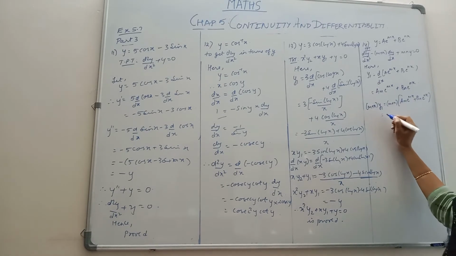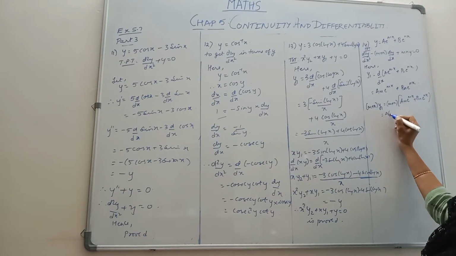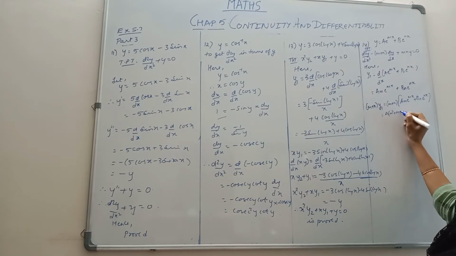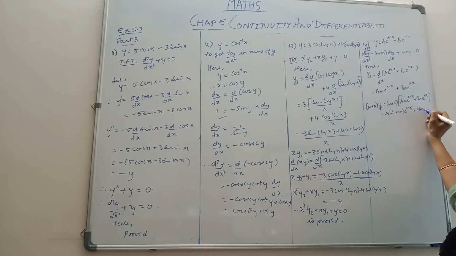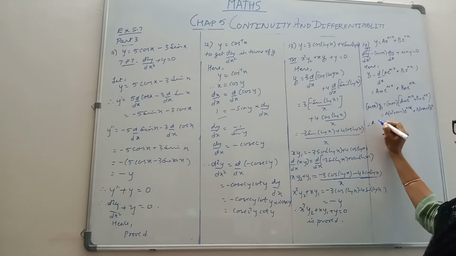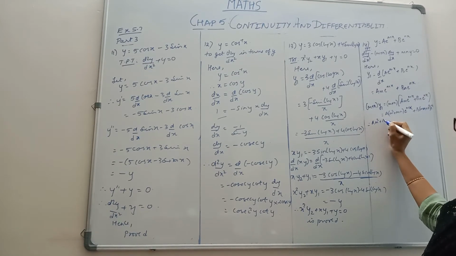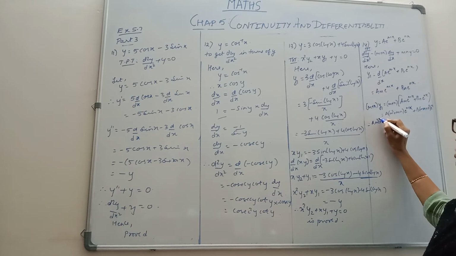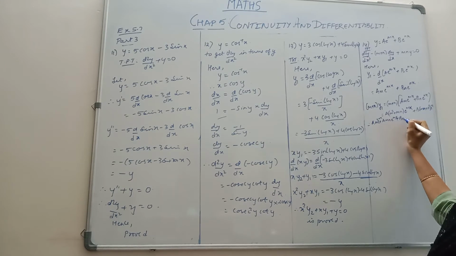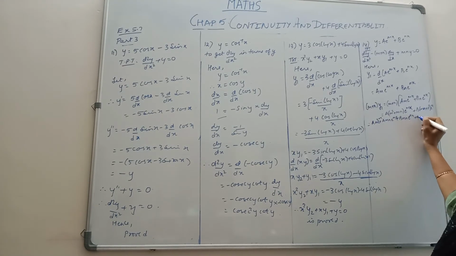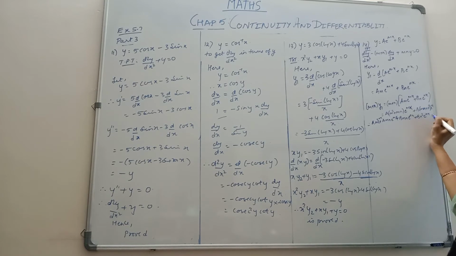That means it is a m squared plus a mn times e raised to mx and b mn plus b n squared times e raised to nx. Term wise, it's going to be a m squared e raised to mx, a mn e raised to mx, b mn e raised to nx, b n squared e raised to nx. Right, so that's about y1.